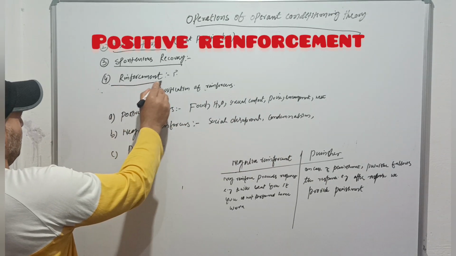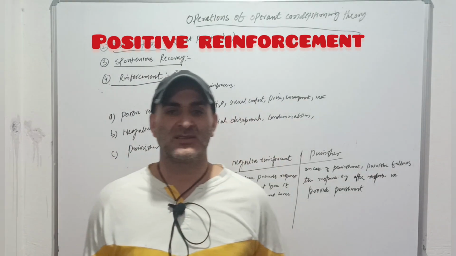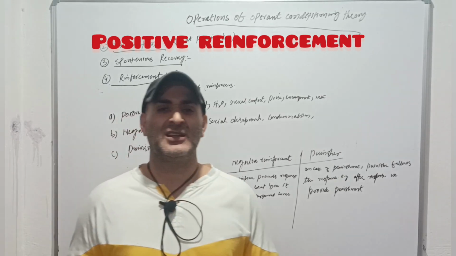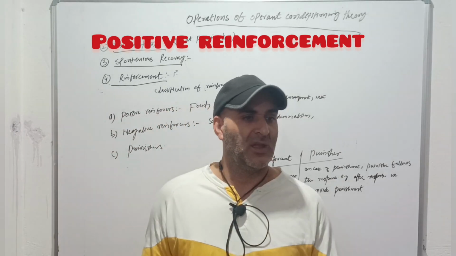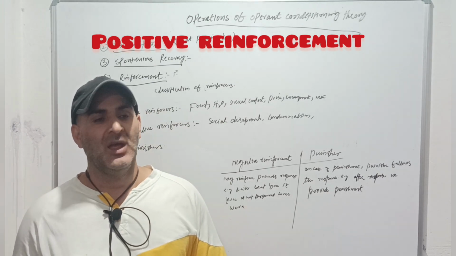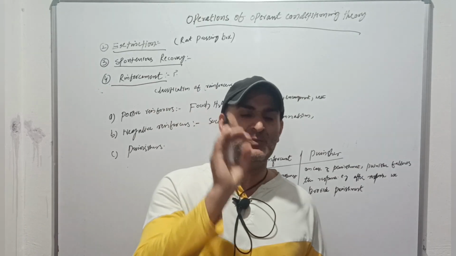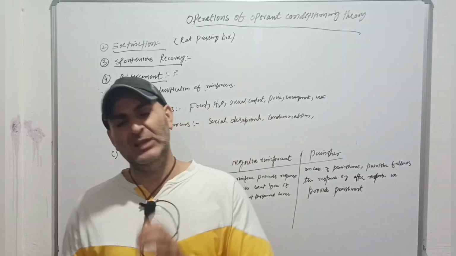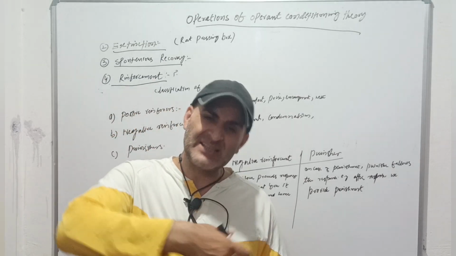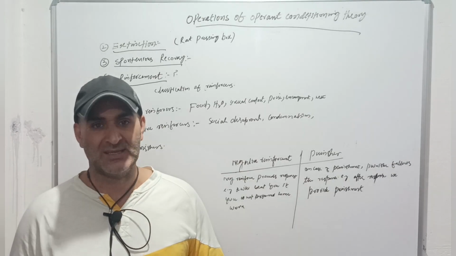Operation of reinforcement. Dear students, operation of reinforcement is itself the biggest operation involved in the operant conditioning theory. As we know, reinforcement simply means any environmental substance or event which accelerates the rate of responses from an organism.